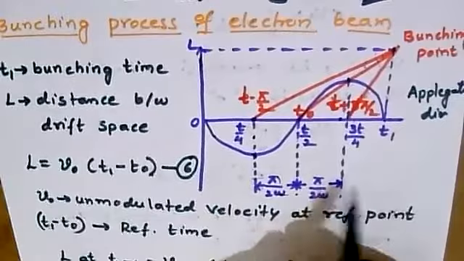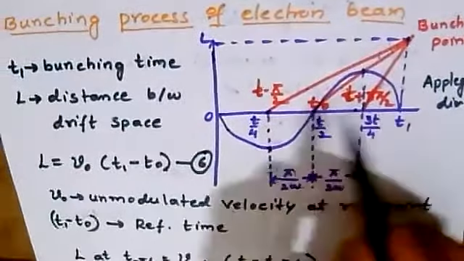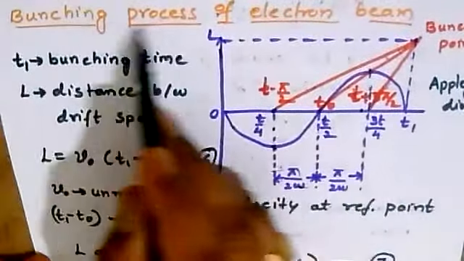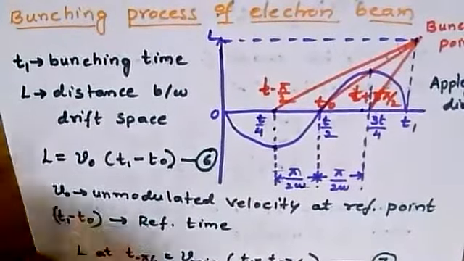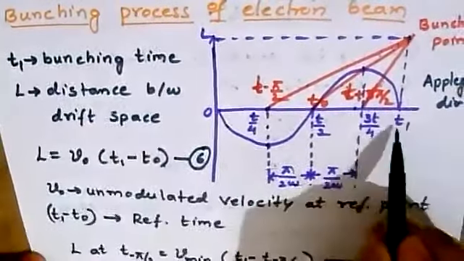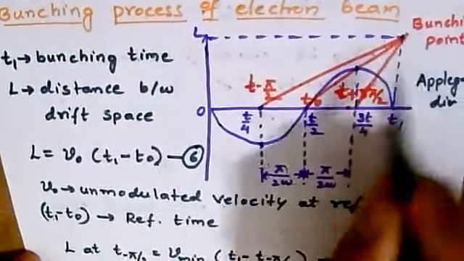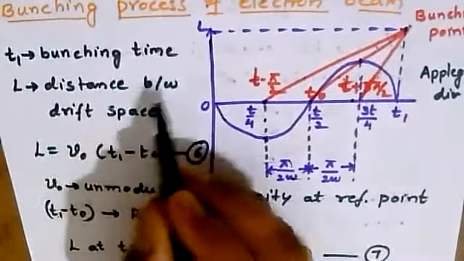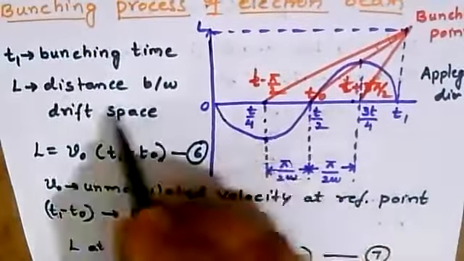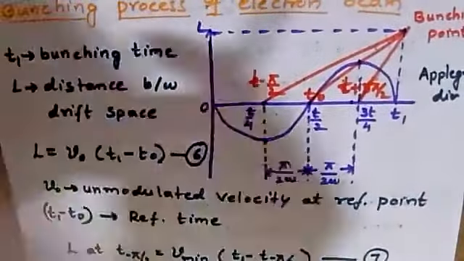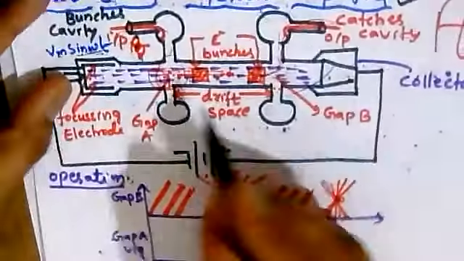Okay, and now after this approximation, let us see how the bunching process takes place. For that, T1, as I have told, is the bunching time where the bunching will take place, and L is the distance of the drift space, the space between the two cavities. I have told that. So this is the drift space.